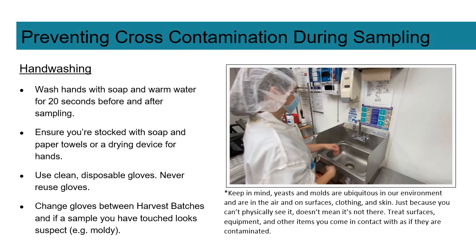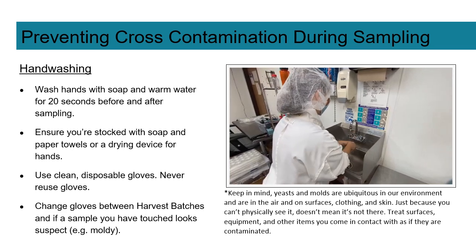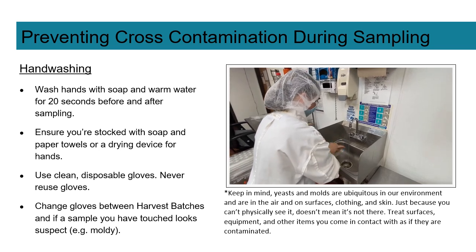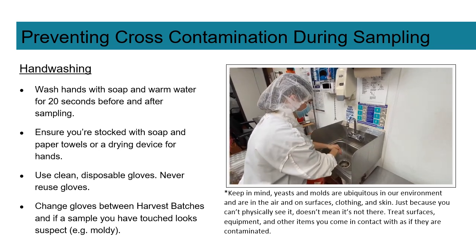Preventing cross-contamination during sampling. Hand washing. Wash hands with soap and warm water for a total of 20 seconds before and after sampling. Wet hands and arms. Use running water as hot as you can comfortably stand it. Apply soap, enough to build up a good lather.